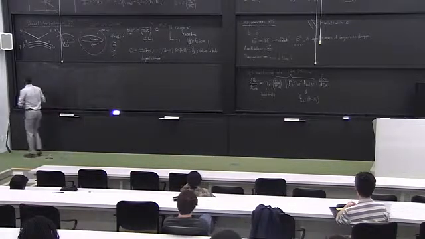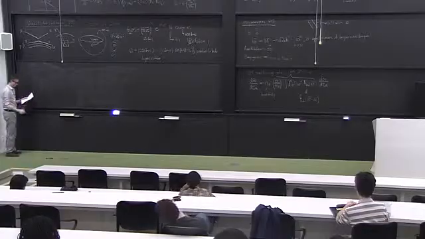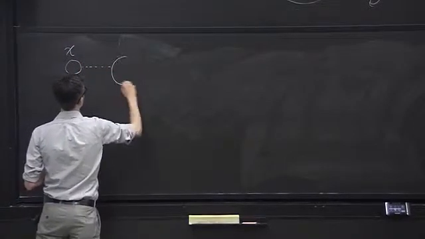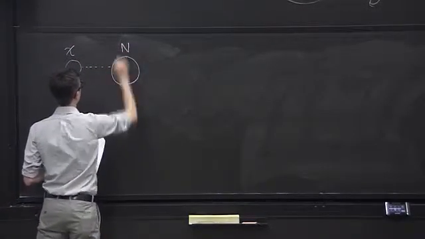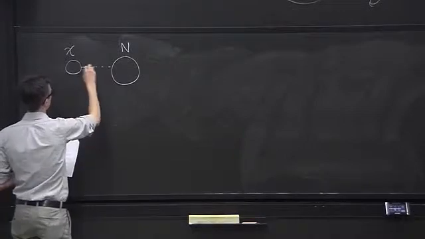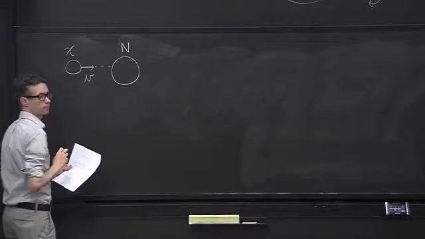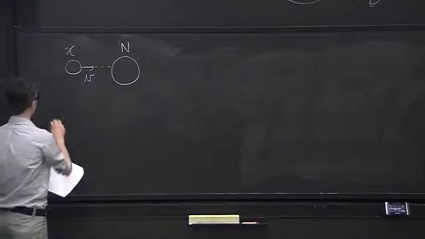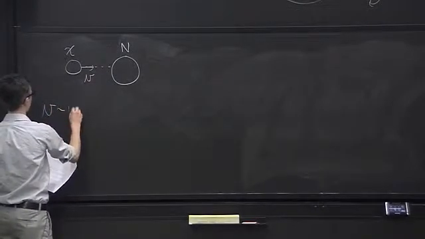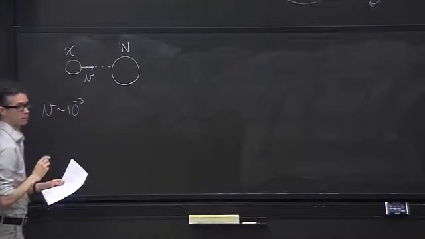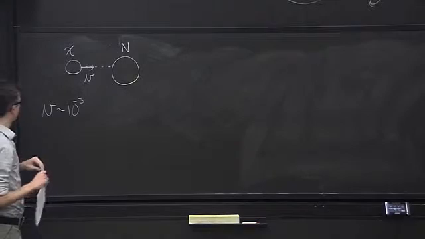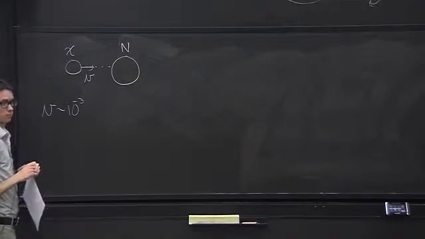Okay, so the kinematics of this are very straightforward, but it's useful to go through them. So the picture is that we have our dark matter particle chi impinging on a target nucleus. I'll call that n. And the dark matter comes in with some initial velocity v. And a typical initial velocity, given our distributions, will be on the order of 10 to the minus 3 units of the speed of light. So the dark matter is moving pretty quickly, but it's still very non-relativistic.